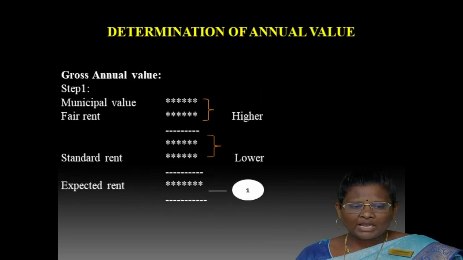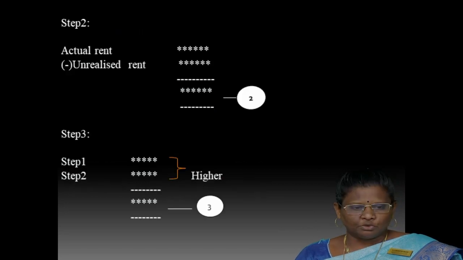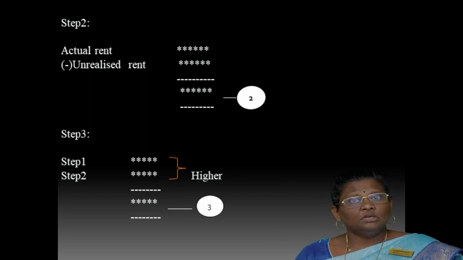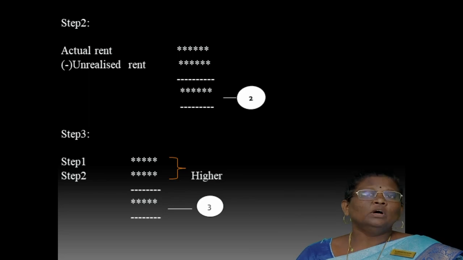So step 1, we have calculated expected rent by comparing municipal value, fair rent and standard rent. In step number 2, actual rent minus unrealized rent. Step number 3, step 1 or step 2, whichever is higher will be considered.